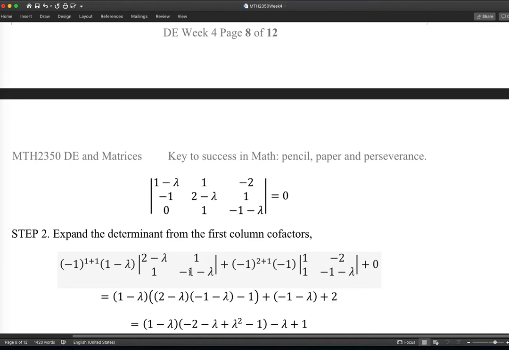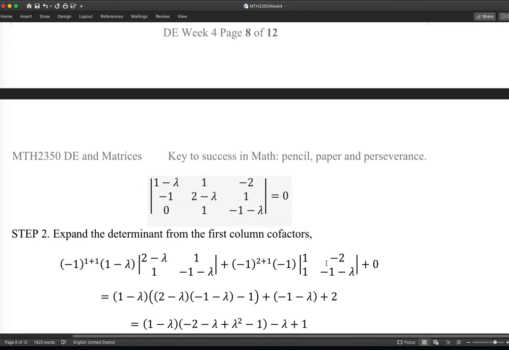I'm calculating the determinant using the first column. The second cofactor still starts from -1 to the power, but this is row 2, column 1, so -1 to the power 2 plus 1. The element itself is -1, so I got another -1. Then the determinant of the minor, generated by crossing out the row and the column where the element is.